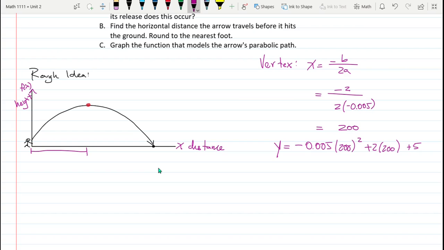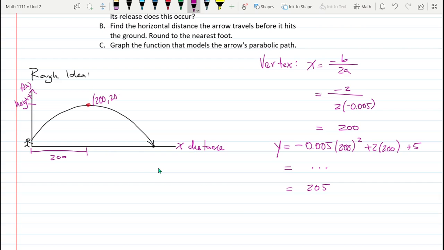And after some simplifying, I hope that you get 205. So after 200 feet horizontally, the height vertically is going to be 205.